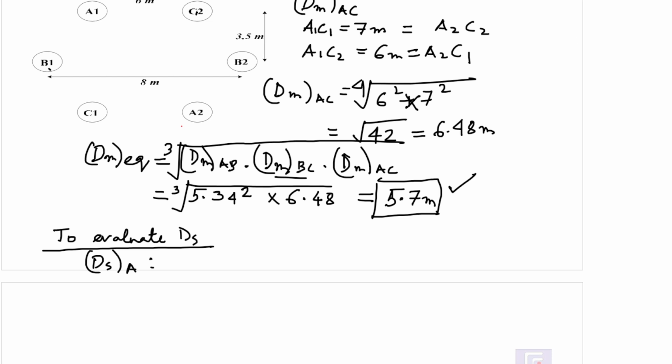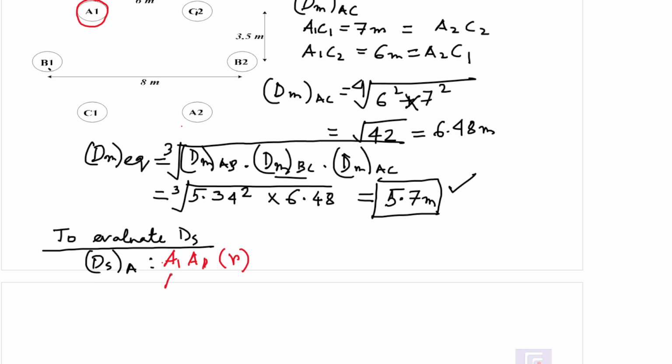First of all, the first distance is A1 to A1. A1 to A1 is basically the radius of that conductor.